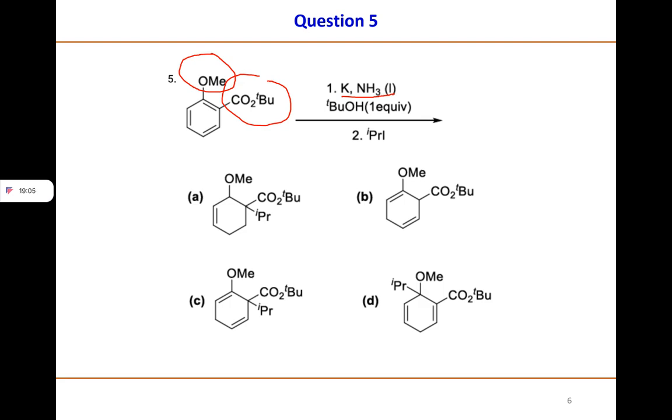There is some rule, like when we have an electron donating group, I will write an example here. Suppose we have an electron withdrawing group here.